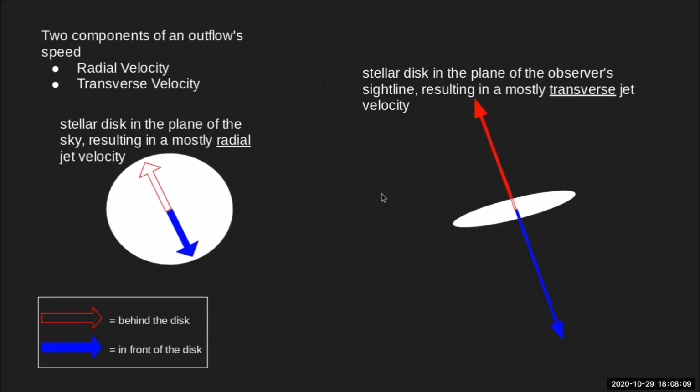Here, I tried to show if we had those two extremes, and we can see how these two different images would give us very different ideas of what these outflows actually look like, because we're just seeing the projection of them onto the plane of the sky.